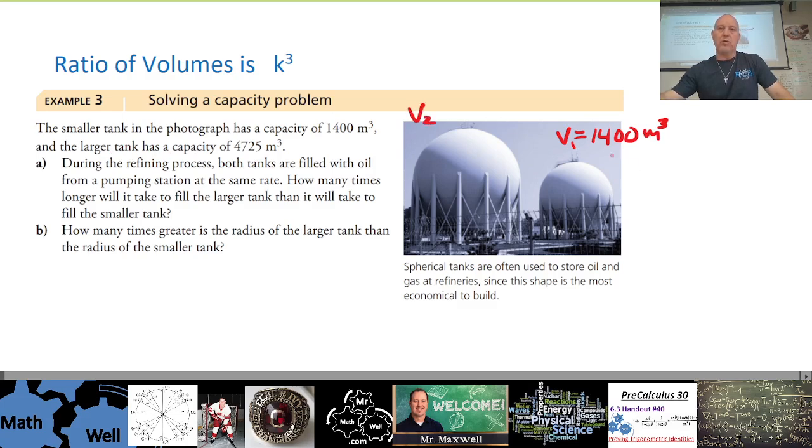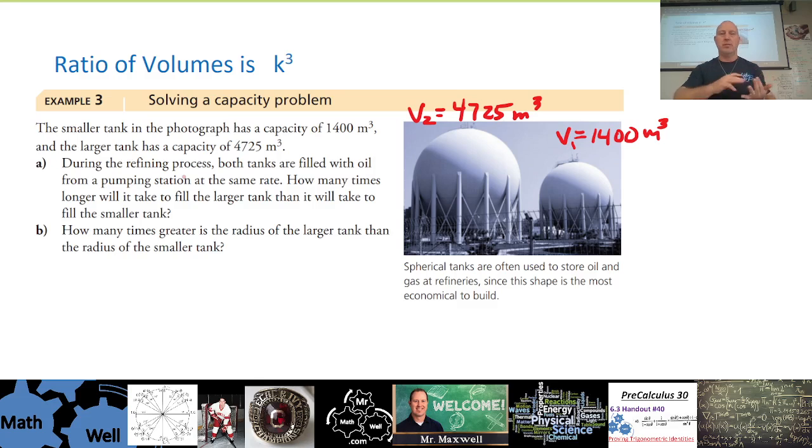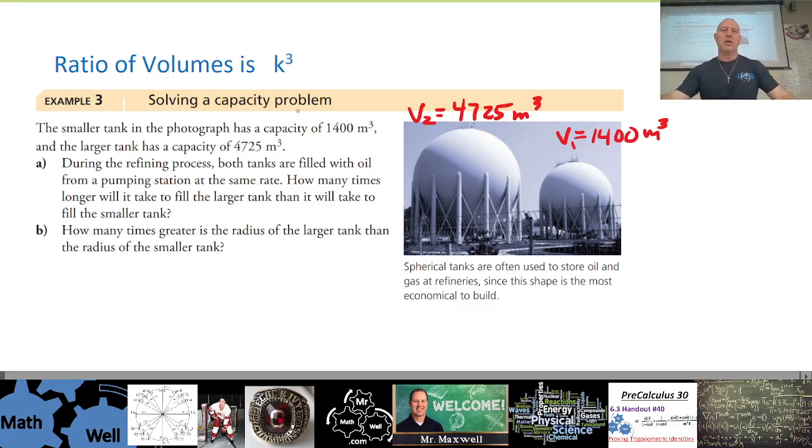So I'm going to put the smaller one as volume 1. I bet the larger one is volume 2, because those are like the examples we've been doing. 4,725 cubic meters, okay? So during the oil refining process, you make oil into all sorts of different things, like fuel and gasoline and plastics and lubricants.